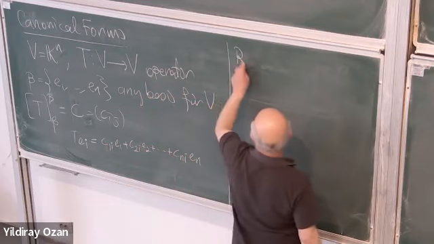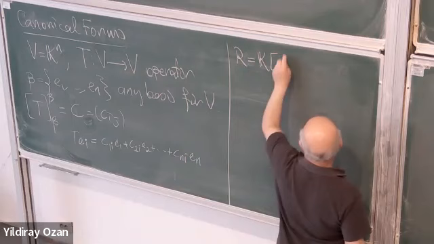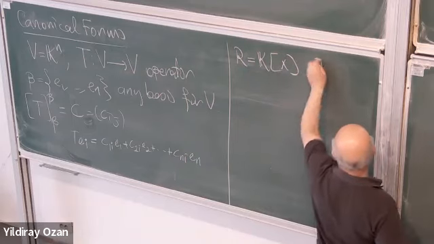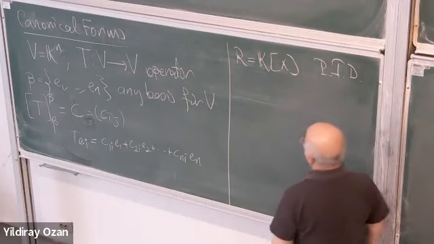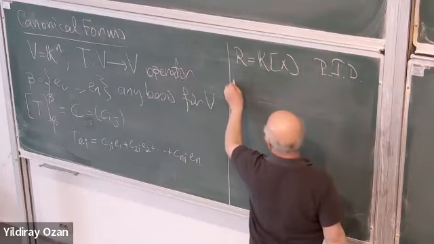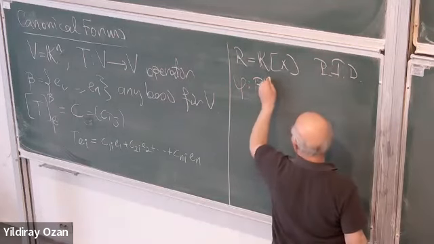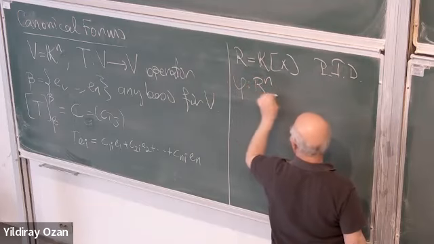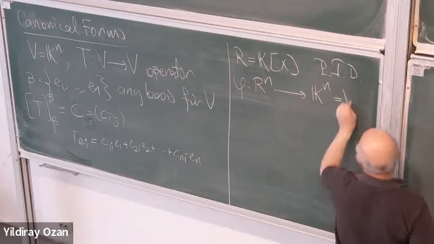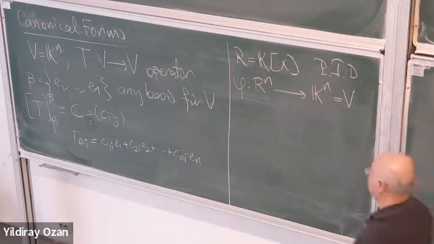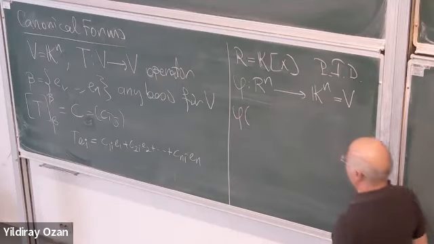Well, we let R be the ring of polynomials, which is a Euclidean domain, and in particular, it's a PID. And then we consider an R-module homomorphism from R^n. So I take n copies of this and send this to n copies of K, namely to V. This is an R-module homomorphism, and how is it defined?